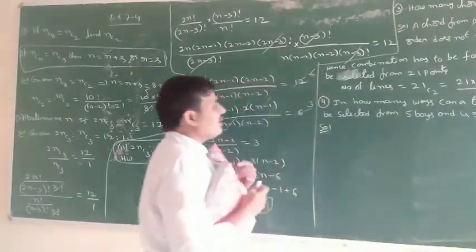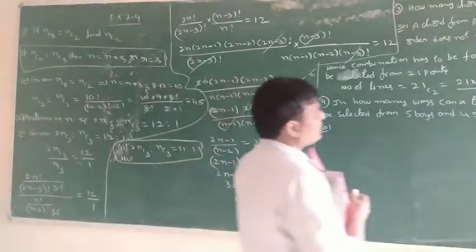So, in how many ways can the team of 3 boys and 3 girls be selected?